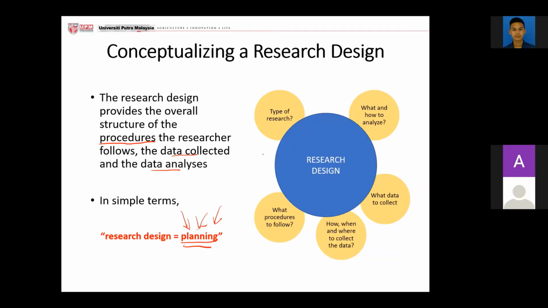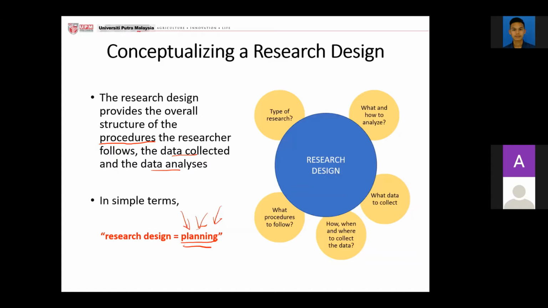You have to start asking yourself, the first thing, what is the type of research that you're going to do? The easiest is what I've asked before, whether you are going to do quantitative or qualitative, because there is a specific set of study designs that you can work with.